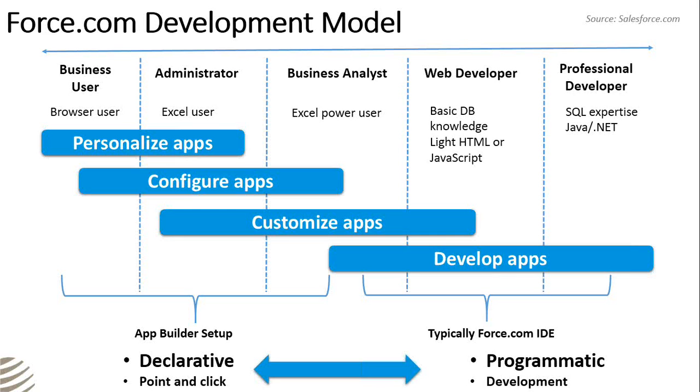But if you want to develop the app, you can look at the right-hand side that you need web developers, professional developers, where you can use the programmatic features of Force.com to build applications. Maybe you can add more features or the advanced features to your custom app using the programmatic components of Force.com. But for that, you have to use web developers or your professional developers.